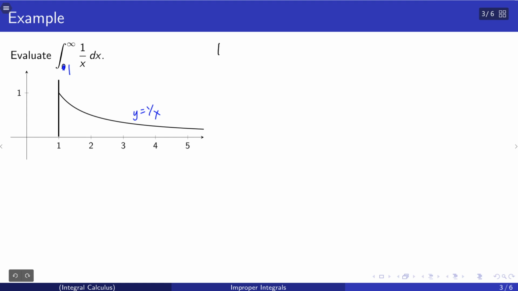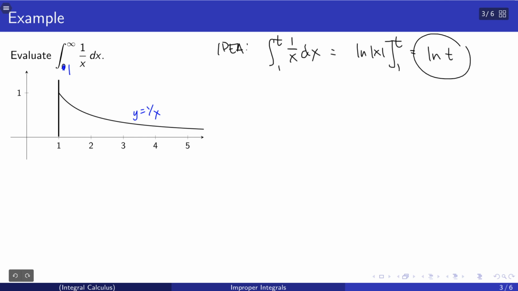So let's try the same idea. Let's compute the integral from 1 to t of 1 over x dx. That's equal to ln x evaluated from 1 to t, which is ln t minus ln 1, which is 0.